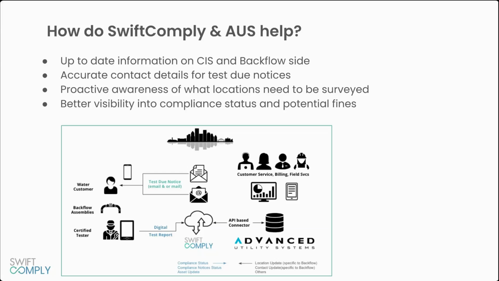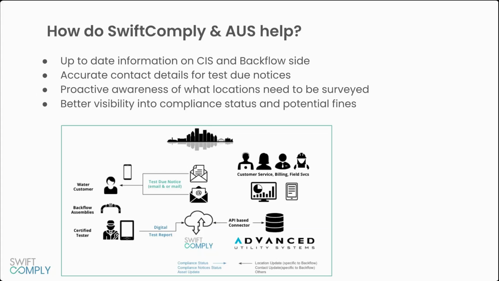The big complaint, or one of the big complaints I hear from folks running a cross-connection control program is they have out-of-date information. So, when you run a program, you may send out a couple of test due notices to your water customer to remind them, hey, you have an upcoming test that needs to be performed.